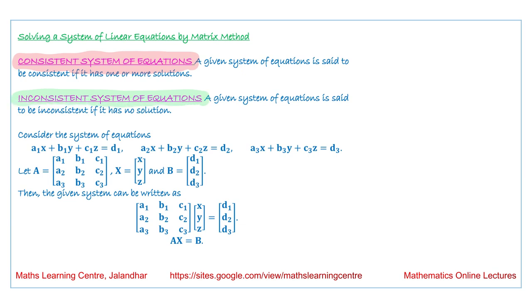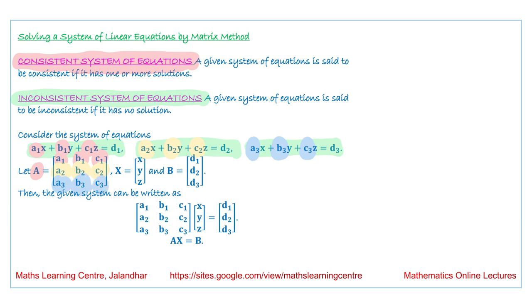So if we are talking about the equations a1x plus b1y plus c1z is equal to d1, a2x plus b2y plus c2z is equal to d2, and a3x plus b3y plus c3z is equal to d3, then we can write the matrix A with the coefficients a1, b1, c1, then a2, b2, c2, and then a3, b3 and c3.